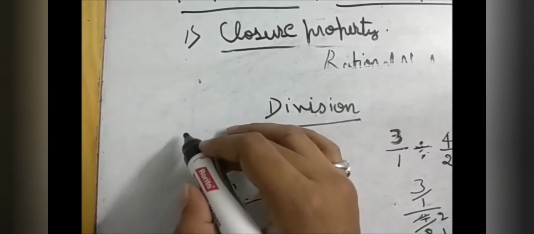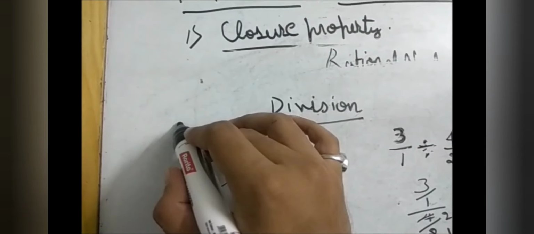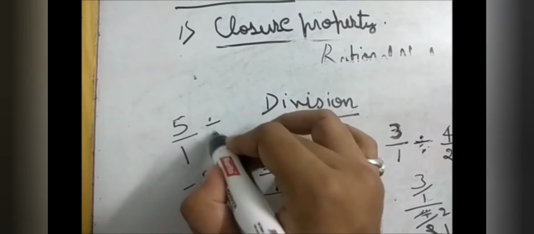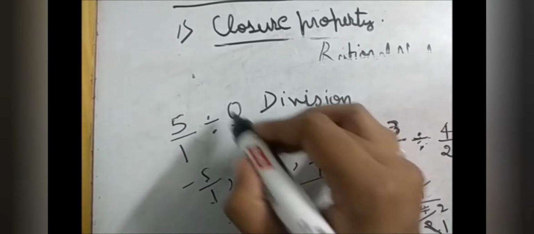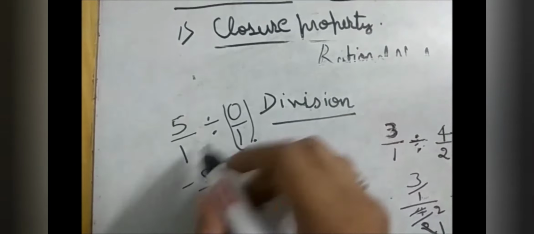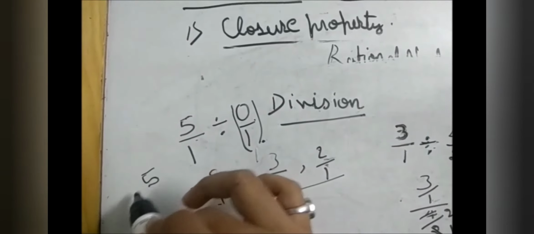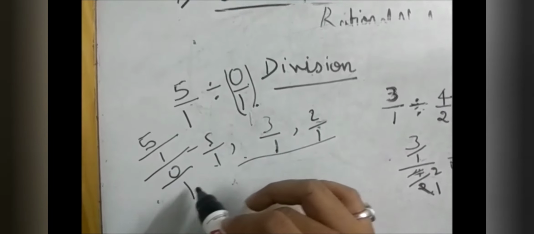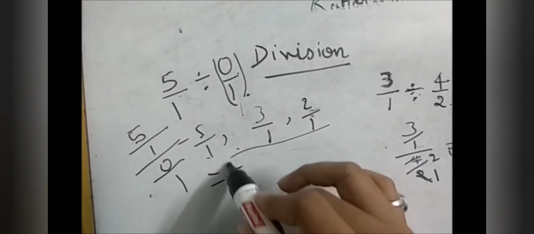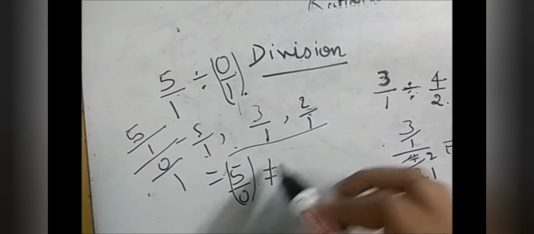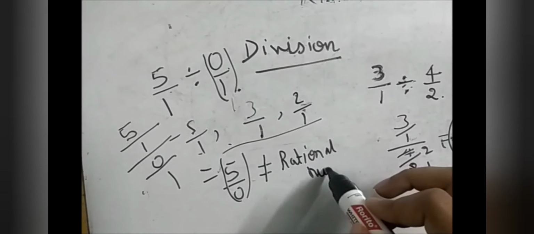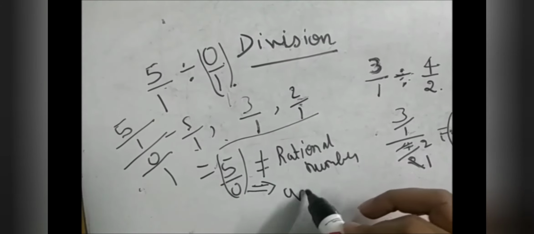So if I take 5 by 1 divided by 0 by 1, this is also a rational number, but the result, 5 divided by 0, is not a rational number, because q is equal to 0.